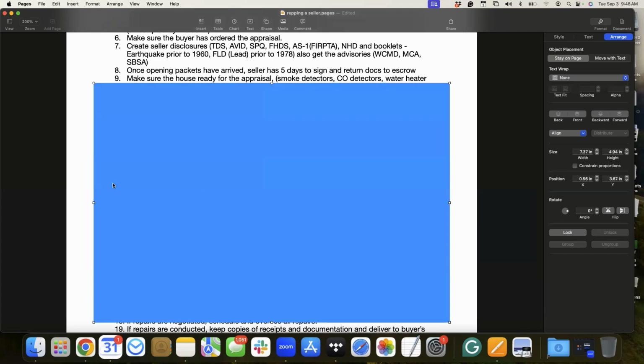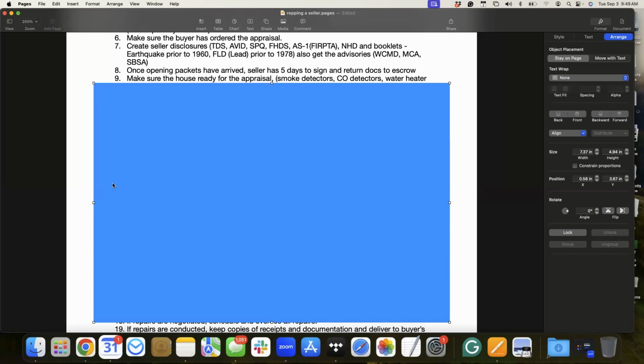Okay, opening packets. Opening packets come from the escrow company. We've all seen those. You have to let our client know they have 5 days to return and sign those. They need to review them. What's in the opening packet on the seller side? What are they going to see? Preliminary title report. What else? Commission instructions. Agents will get their own.